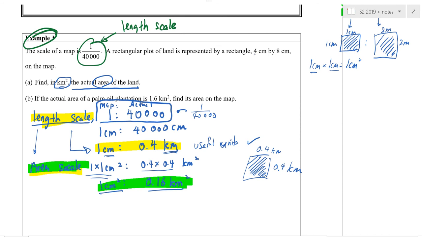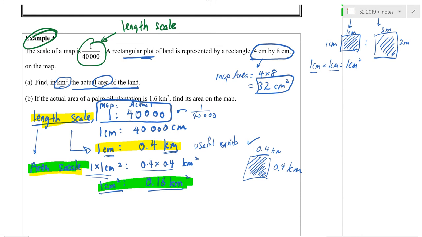It says that the area of the land is 4 cm times 8 cm square. So can you tell me, 4 cm times 8 cm, is it map or actual? Map. So you can write down the map area equals 4 times 8, 32 cm squared. Agree?